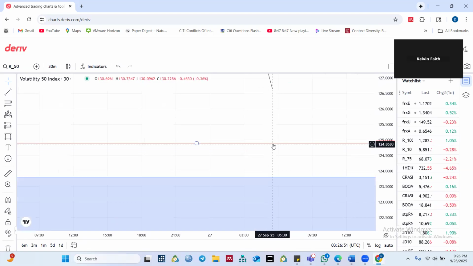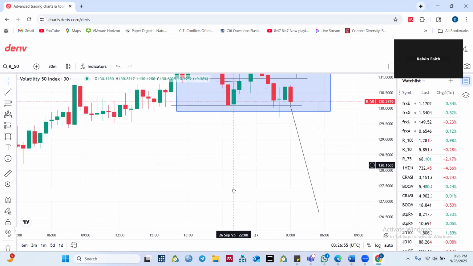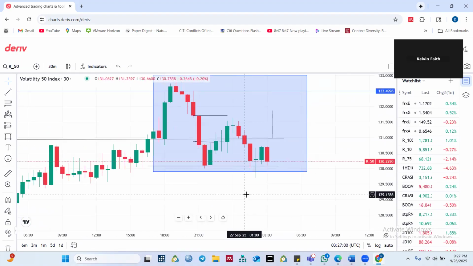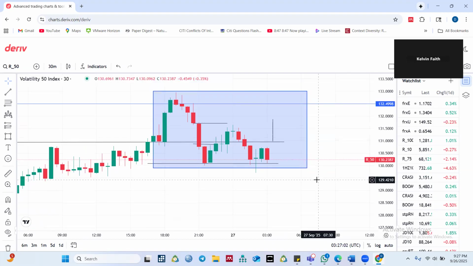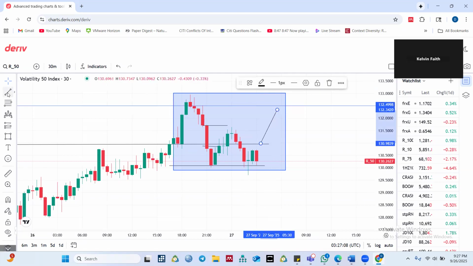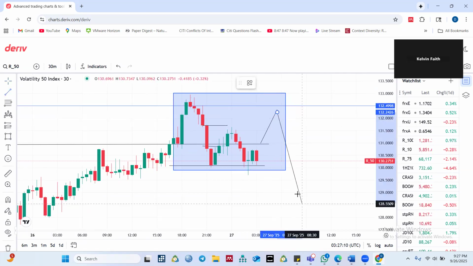I expect at least this distance. Okay, getting close to the red line and then the discount zone, probably before it pulls back up again. And let's not forget that price is likely also to pull back into this zone or this area for another buy.